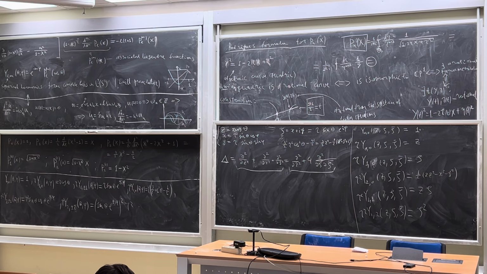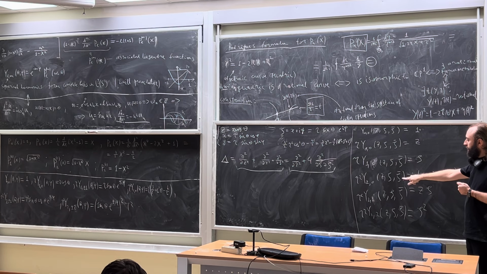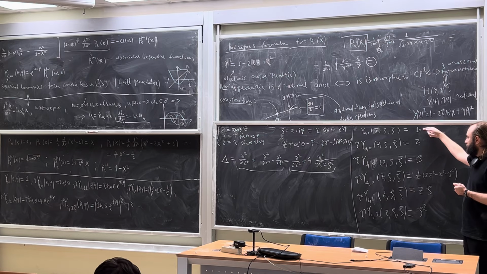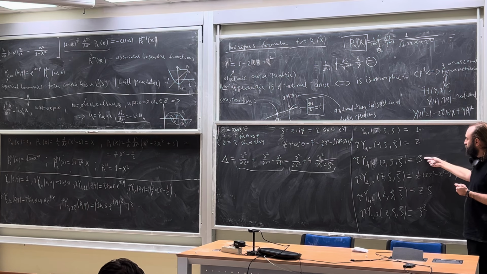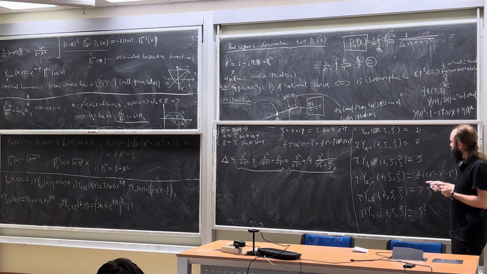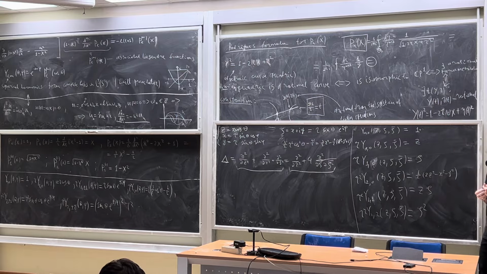So the higher order associated Legendre polynomials will never be higher than quadratic in these variables? No. They contain, of course, arbitrary powers. Their power equals L. So L equals 0 is just constant, L equals 1 linear functions, L equals 2 quadratic functions, and so on. They will be cubic, quartic, and so on.